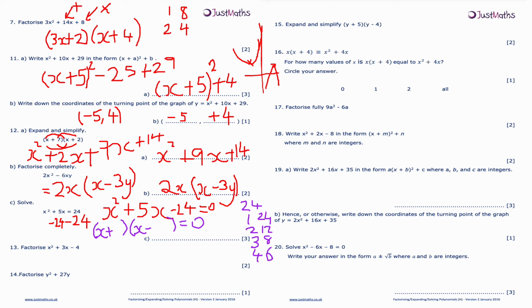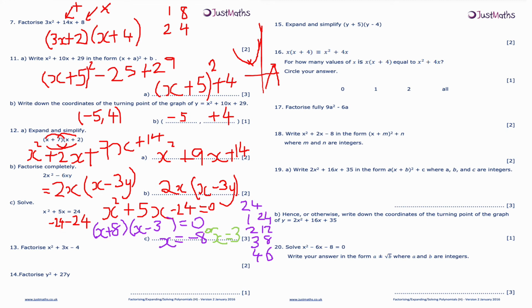So it's going to be positive 8 and minus 3. Solving the first equation, I get that x is equal to negative 8, and solving the second equation, I get that x is equal to positive 3. So x equals negative 8 and or x equals 3.